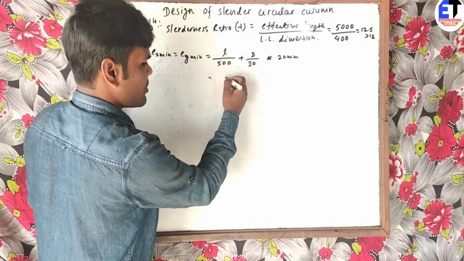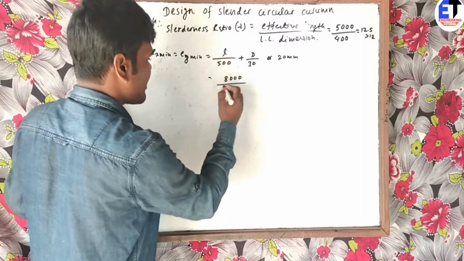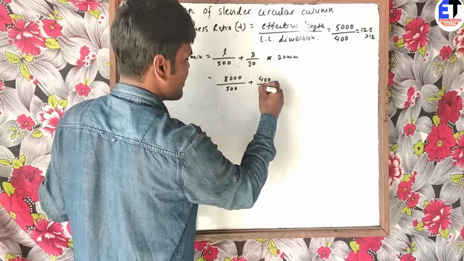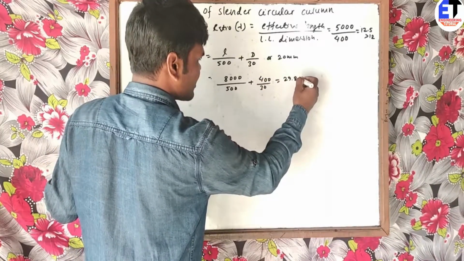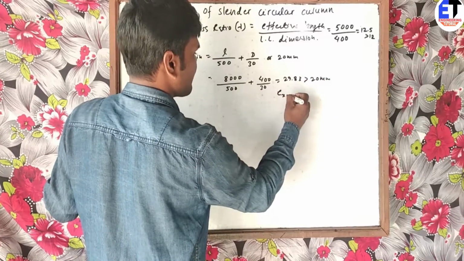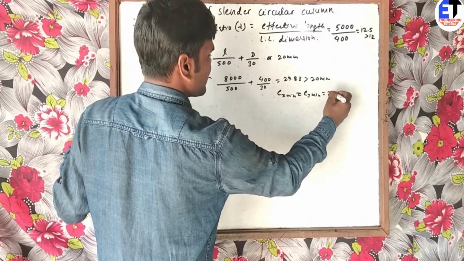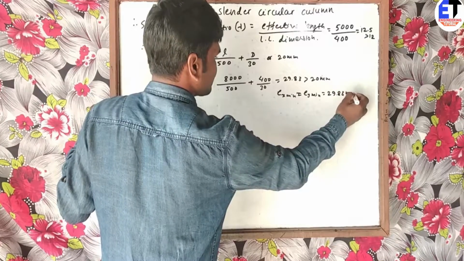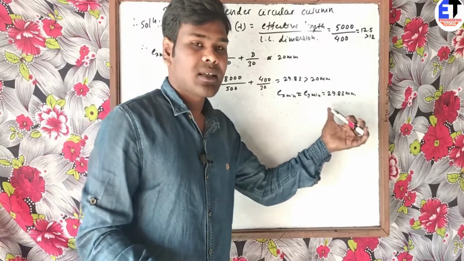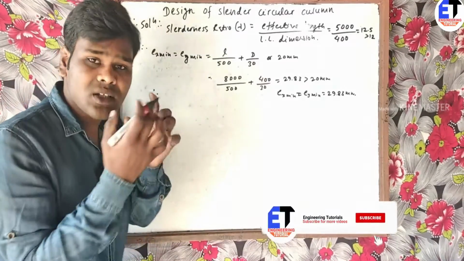Here L is the unsupported length, 8000 divided by 500 plus 400 divided by 30, which gives 29.83, greater than 20 mm. So ex minimum equals ey minimum equals 29.83 mm.